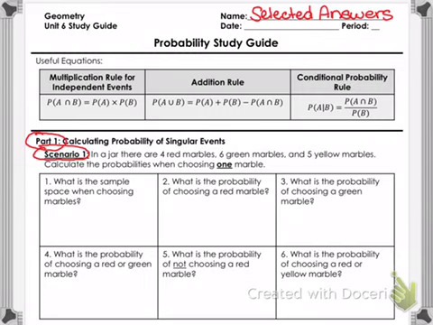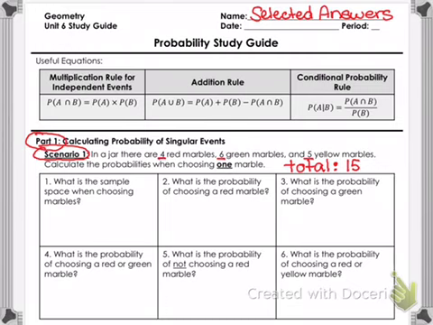So the first thing we need to figure out is how many total marbles we actually have here, because our probabilities are going to be out of this total number. We can do 4 plus 6 plus 5, and we find out that we have 15 total marbles. So as we keep going, there will be 15 total marbles that we're choosing out of.